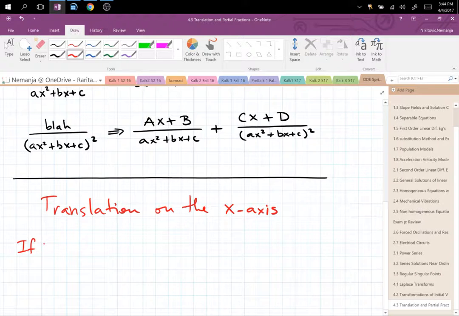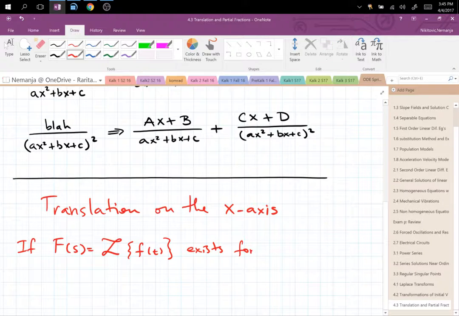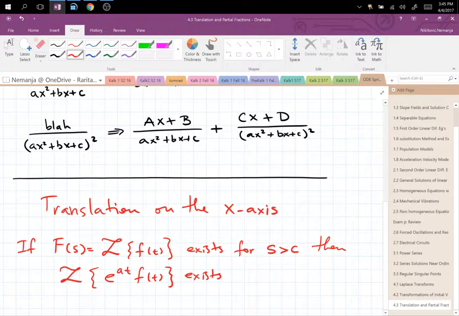So if F of s is the Laplace transform of f of t, and exists for s larger than some value c, then the Laplace transform of e to the at f of t exists for s larger than a plus c.